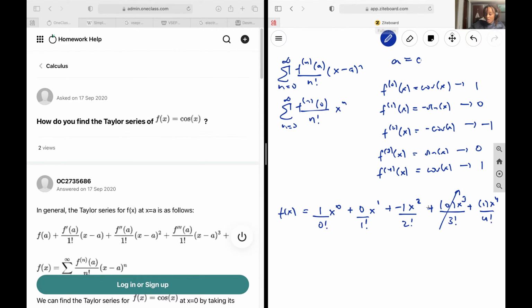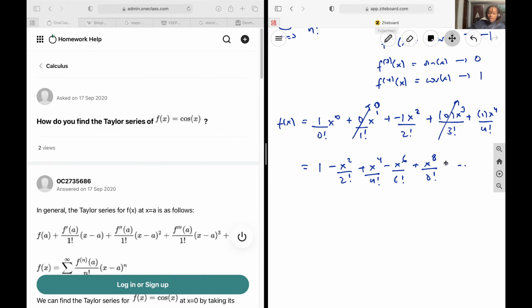So we see that all of these odd powered terms are going to cancel out. This is all going to be 1 minus x squared over 2 factorial plus x to the power of 4 over 4 factorial, and we'll keep seeing this pattern repeat with minus x to the power of 6 over 6 factorial plus x to the power of 8 over 8 factorial, and so on and so forth.